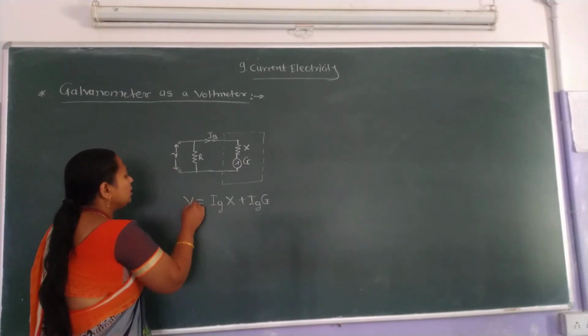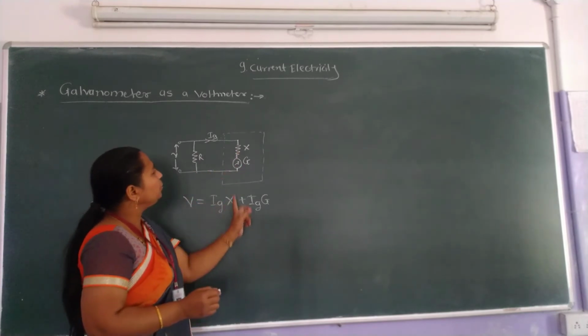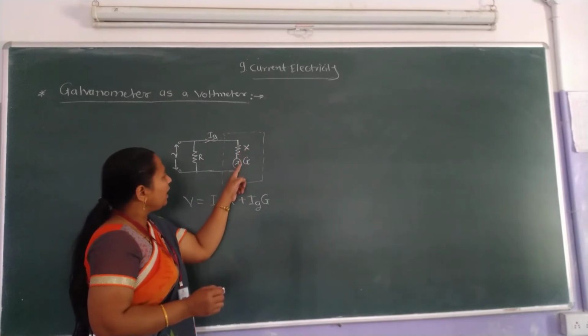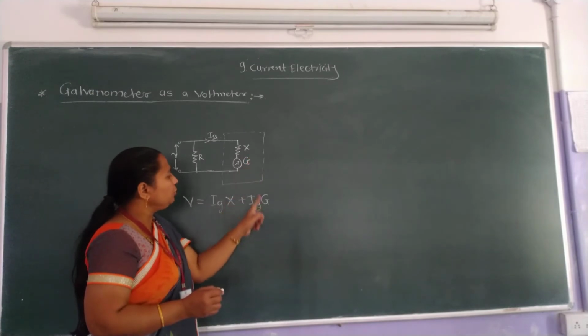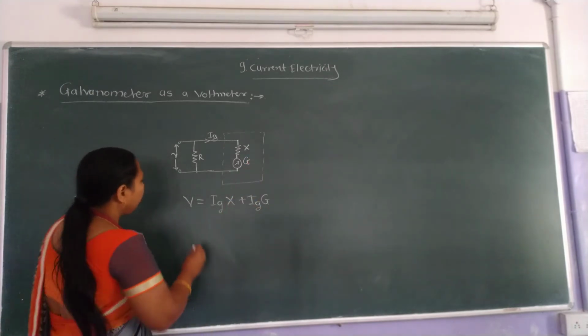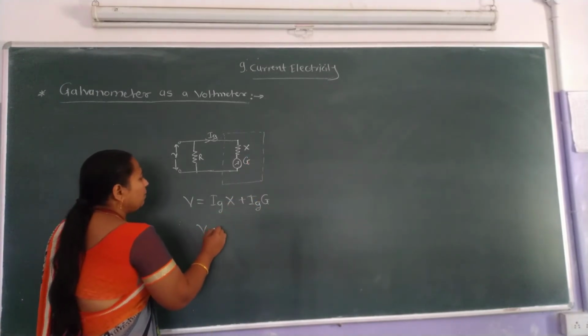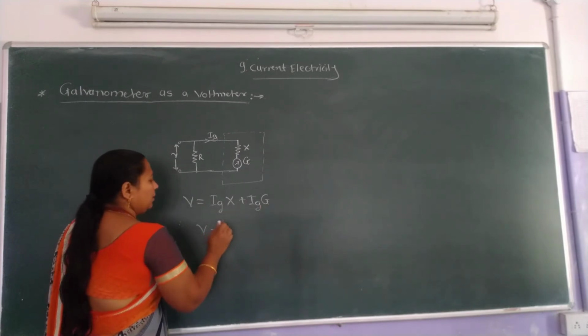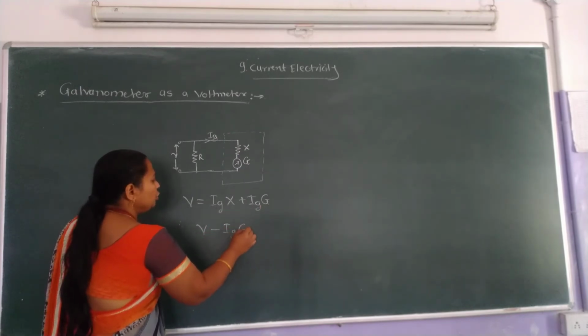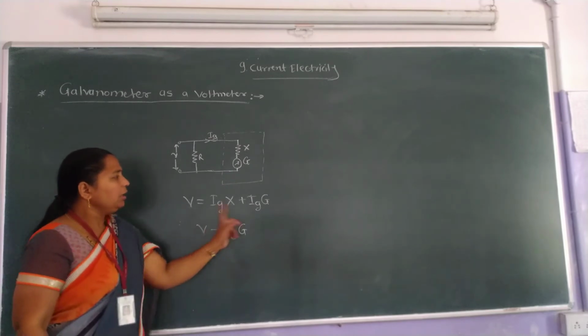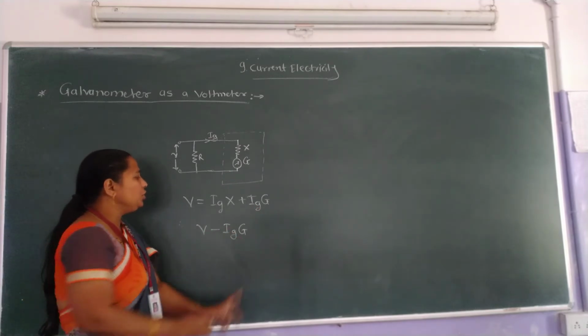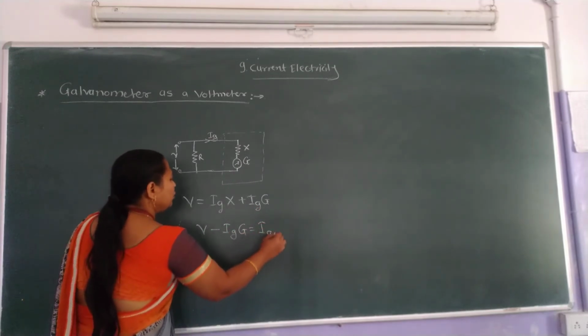Therefore, V is equal to Ig into X plus Ig into G. Therefore, V minus Ig into G is equal to Ig into X.